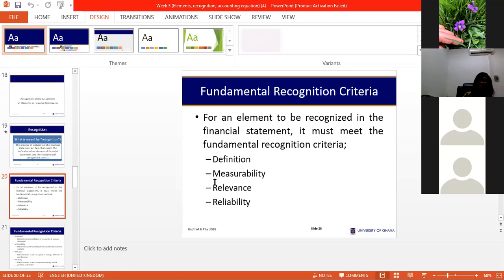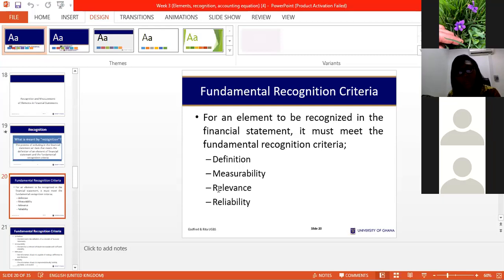The first one is the definition. Anytime you have a transaction, you have to ask yourself, which of the definitions does the transaction relate to or is more applicable? How can I measure in monetary terms the value of that transaction? I already indicated to you that anything that cannot be quantified in monetary terms cannot be recognized. And so we must talk about measurability.